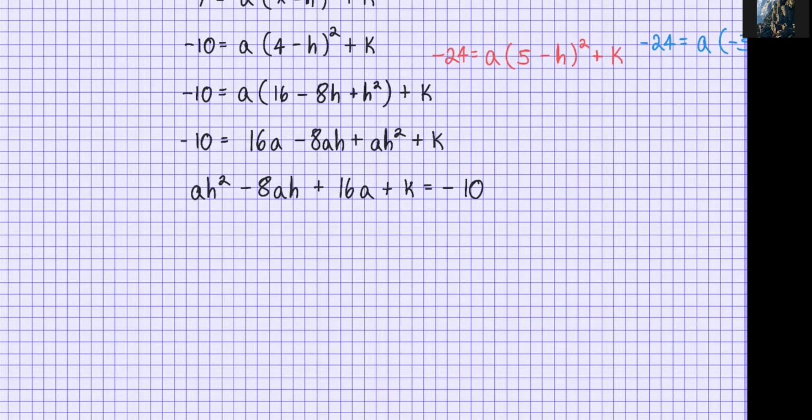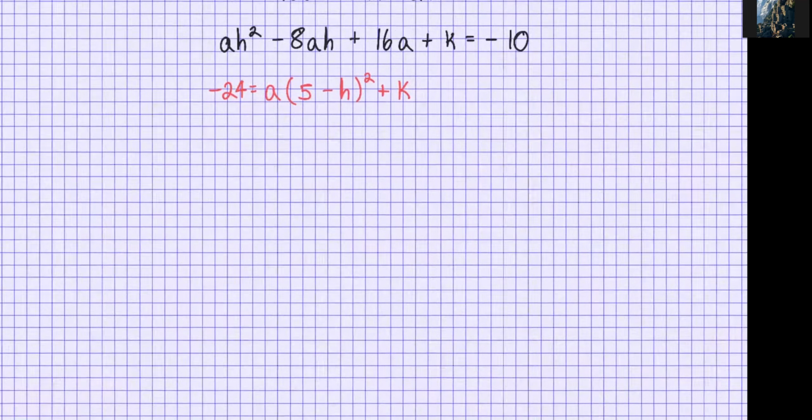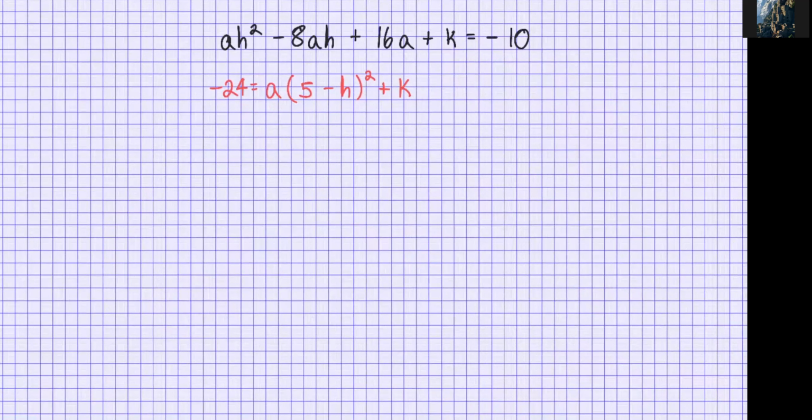So now I'm going to do exactly the same thing for my second equation. So negative 24 equals a times 5 minus h squared, which is a times 25 minus 10h plus h squared, plus k.